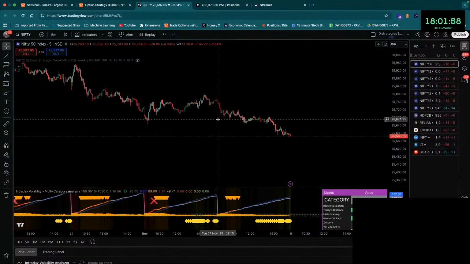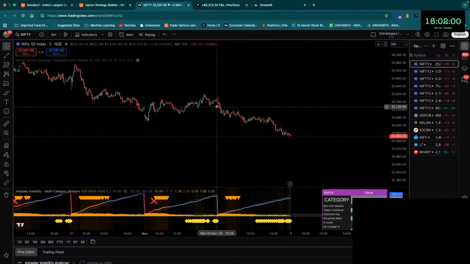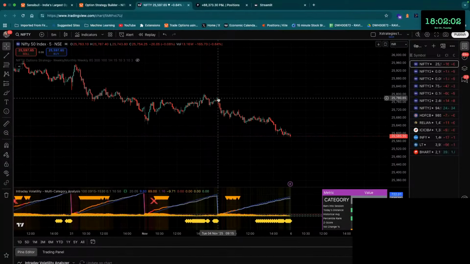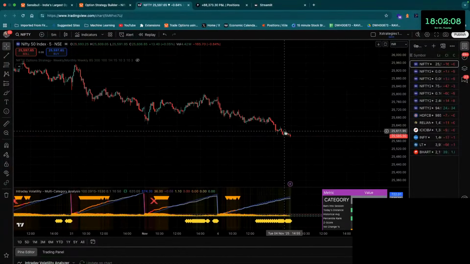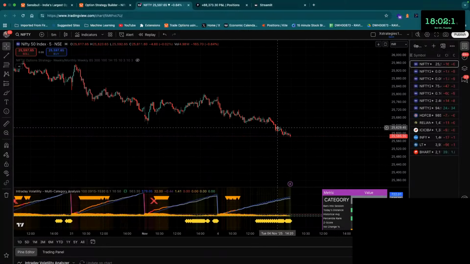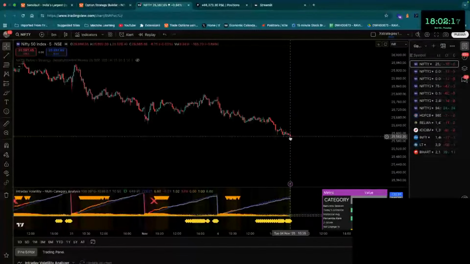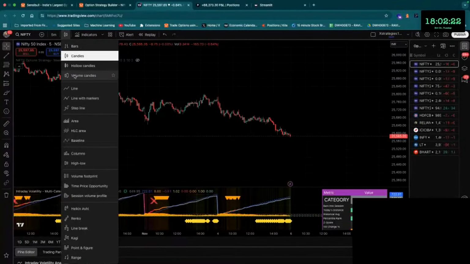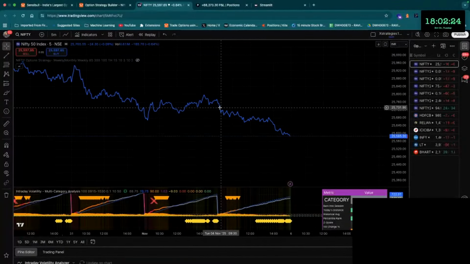Today at about 9:15, Nifty started at about 25780 and it ended up at about 25585. So this is the price. Ideally, if the price has to move from here to here, it would be a straight line. However, because there is too much of a movement up and then down, this kind of chart will not be able to just take this line.